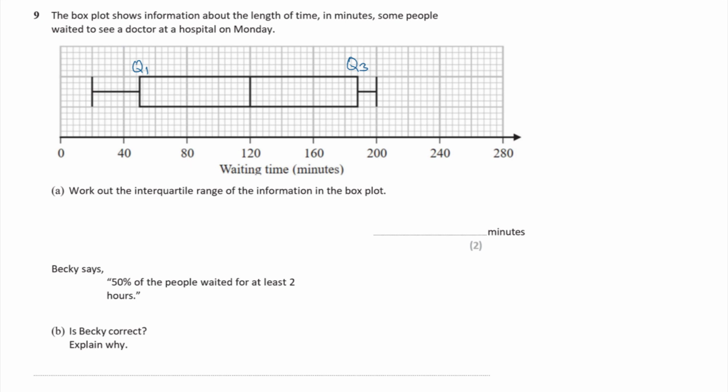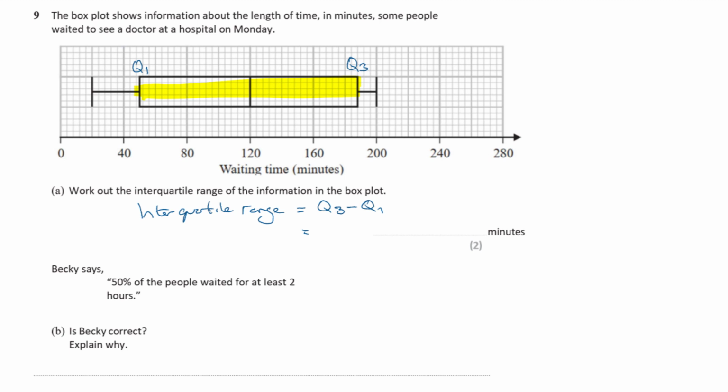To work out the interquartile range, you're going to be subtracting Q1 from Q3. So it's Q3 minus Q1 basically. In other words, it's the width of the box. That is what you're calculating.